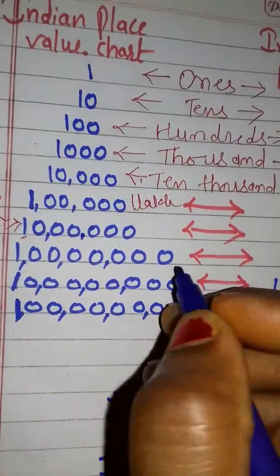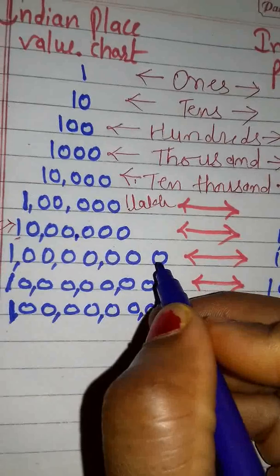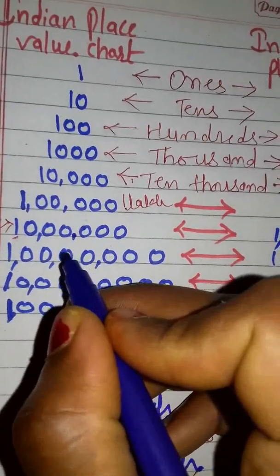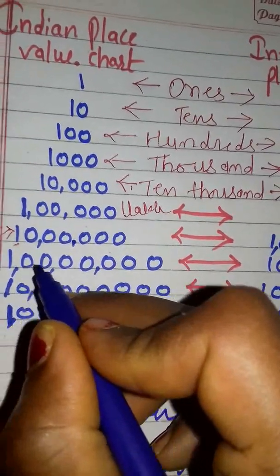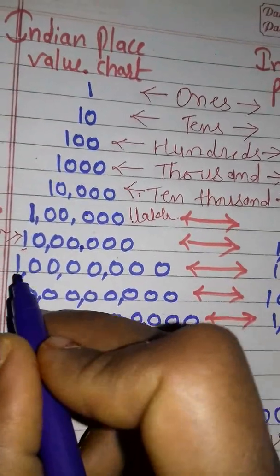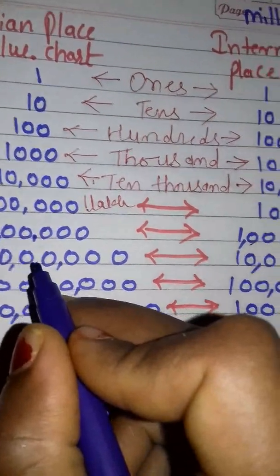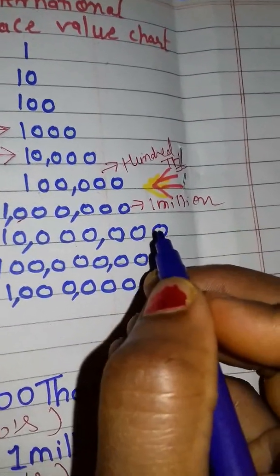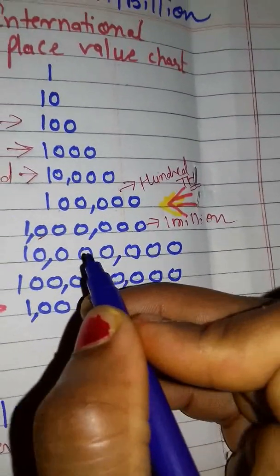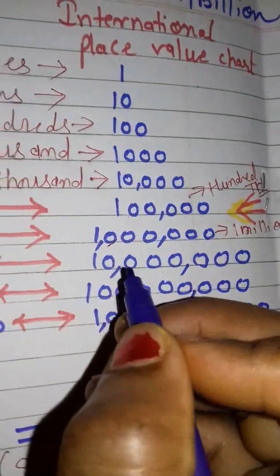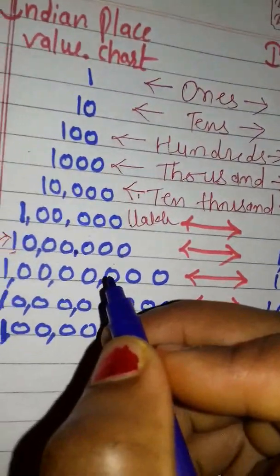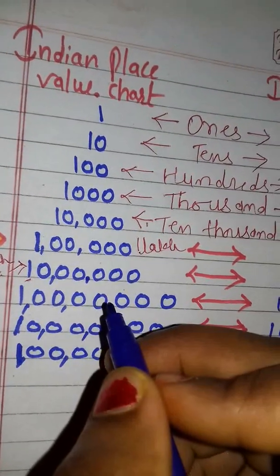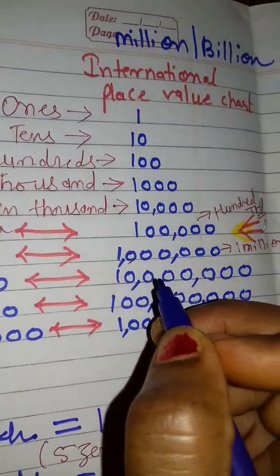Now the next number is, see how many zero are there? 1, 2, 3, 4, 5, 6, 7. According to international system, this is the next number. 7 zeros are there. And in international system, let us see the other side also, it is 7 zeros, 1, 2, 3, 4, 5, 6, 7. So what will we read this large number as according to Indian place value chart or according to international place value chart?